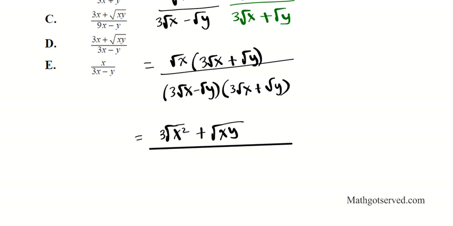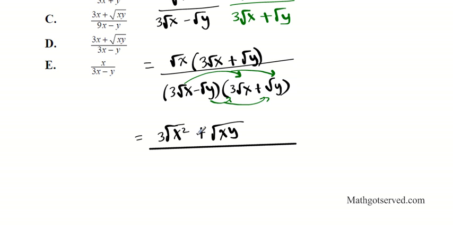Alright, divided by, now the bottom is going to be a little bit longer than the numerator, okay? Alright, so we're going to multiply it out. You can call it FOIL or double distribution, whatever terminology you like. I'm going to do the first, outer, and then I'm going to do inner, then last, okay?